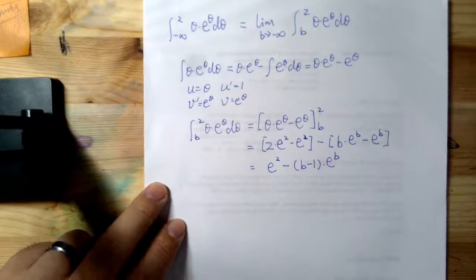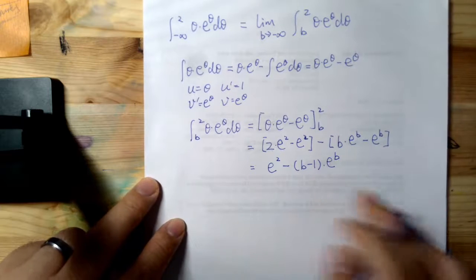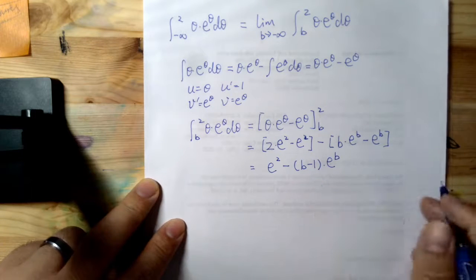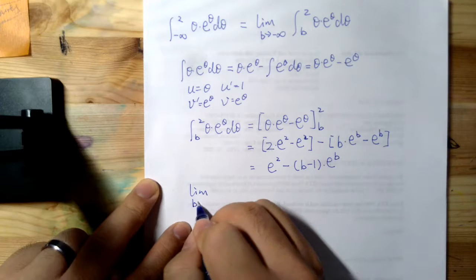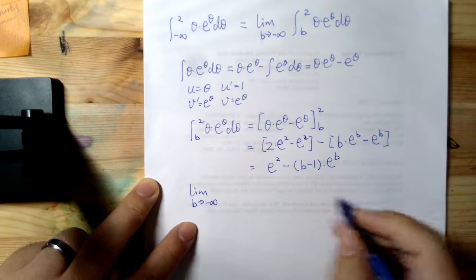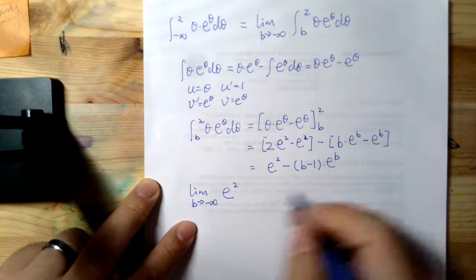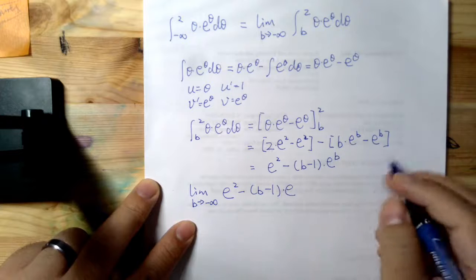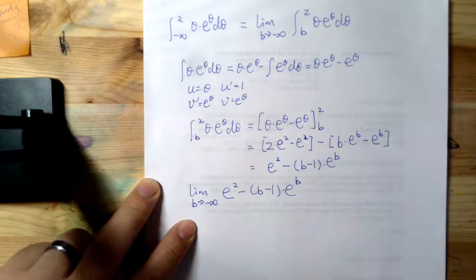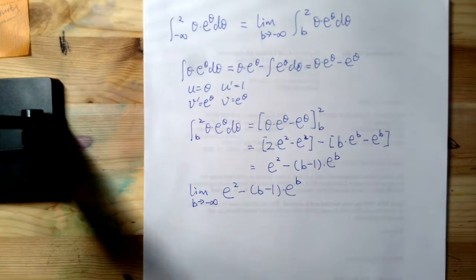And then after we got this, we need to put our limit back. So it's the limit as b goes to negative infinity of e to the power of 2 minus (b minus 1) times e to the power of b.